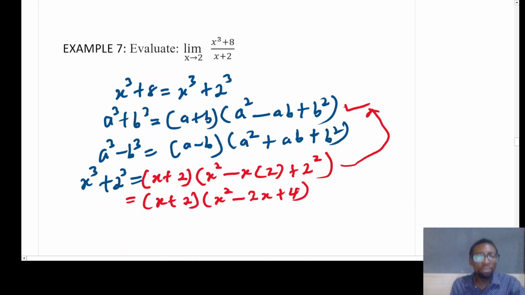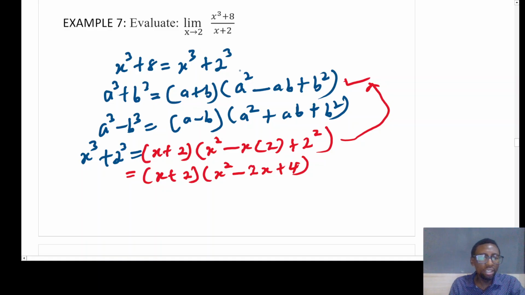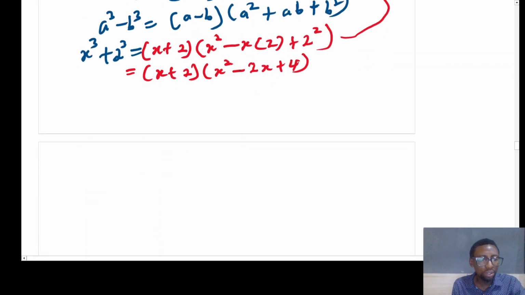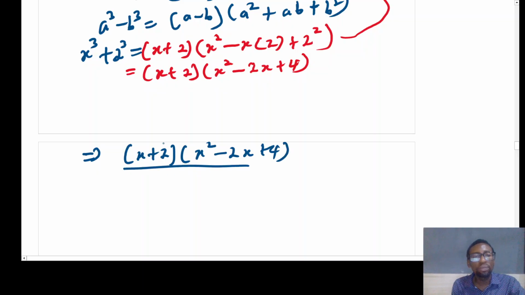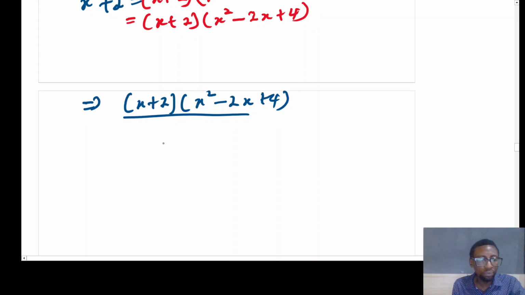So let's apply that to the question. The limit of x cubed plus 8 we change to all of this answer now, bracket x plus 2, bracket x squared minus 2x plus 4, divided by, let's go back to the question, x plus 2.